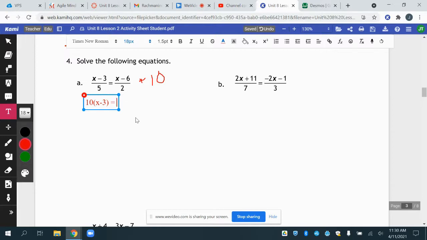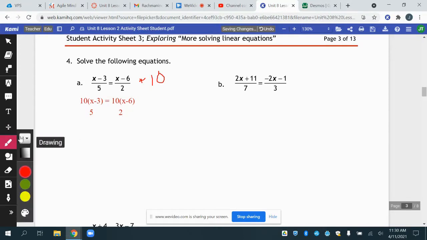And here's how this works. I multiply this side by 10 as well. 10 times x minus 6. Here we go. I just have to divide by 5 here, by 2 here. Boom. Okay.